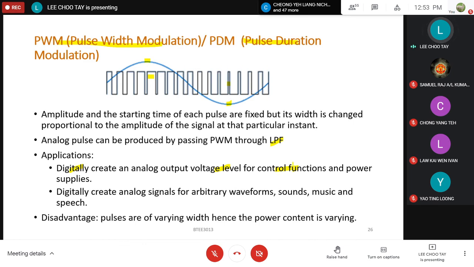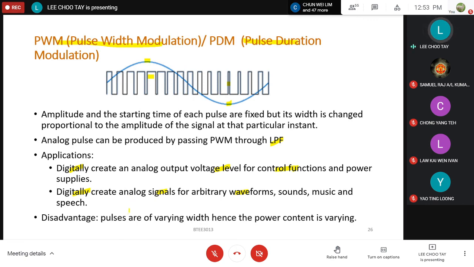To control the speed of a motor, we use PWM. We can also use PWM to digitally create analog signals for any waveform that you like: sound, speech, music, and so on. Again, these are just electronic sound, I would say.